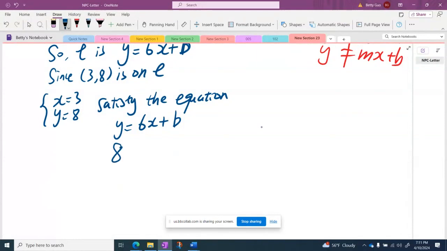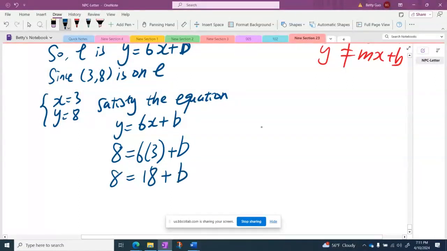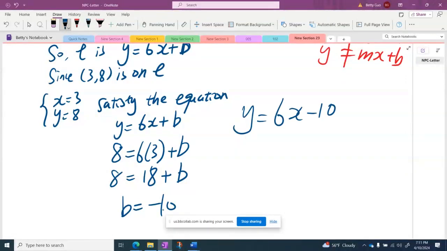Plugging in y equals 8 and x equals 3: 8 equals 3 times 6, 18, plus b. Think about what value added to 18 gives us 8. It must be a negative number, right? It has to be negative 10. Plugging back, 18 minus 10 gives us 8. So b is negative 10, and the equation is y equals 6x minus 10.